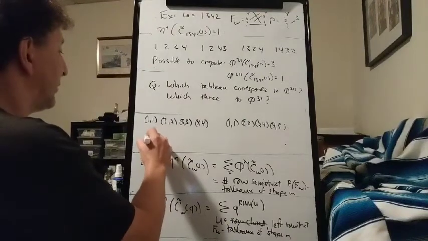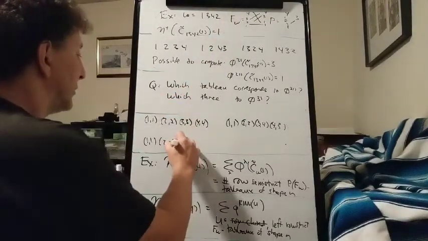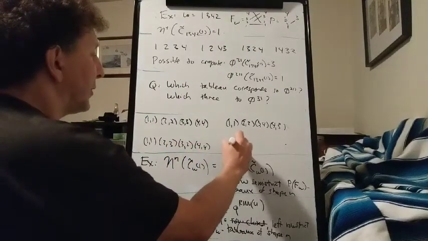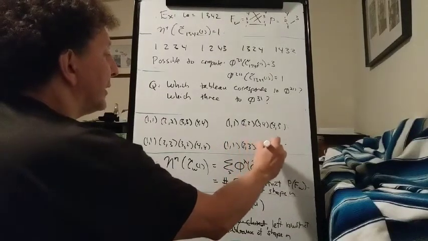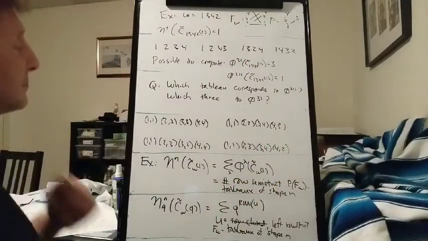We could have 2 go to 3 and 3 go to 2. Or we could have 2 go to 3, 3 going to 4, and then 4 going to 2.